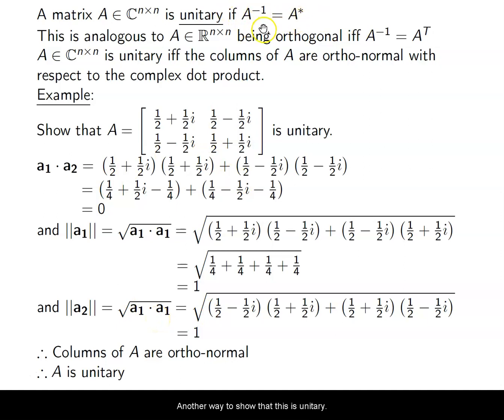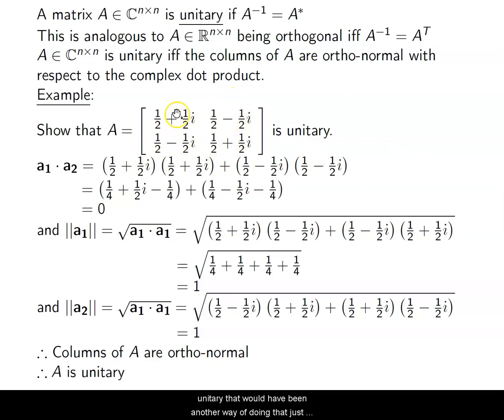Another way to show that this is unitary is to multiply A times A star. If you multiply A times A star, you should get out I, because since A star is A inverse, A times A star is the same as A times A inverse, which should get you I. Okay, so if you find A star and multiply it times A and get out the identity matrix, then your matrix is unitary.